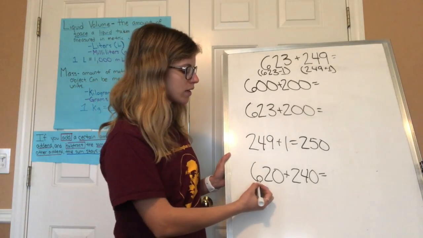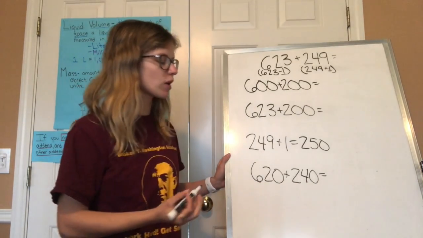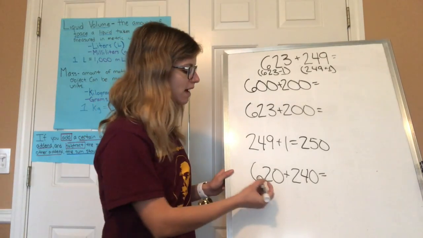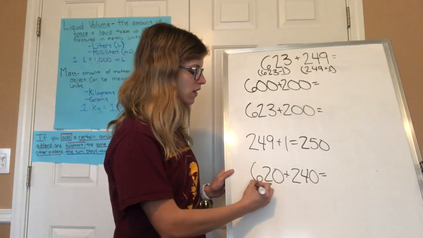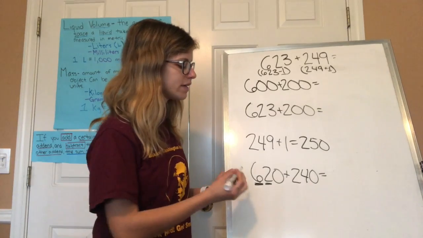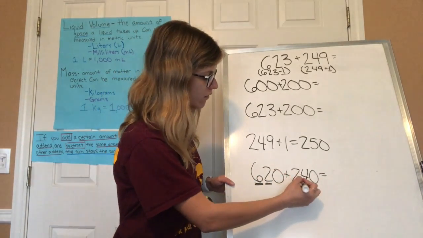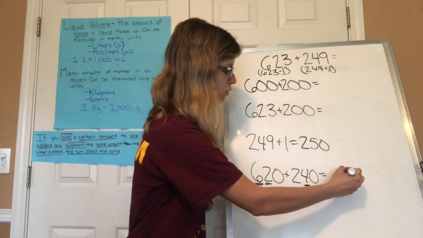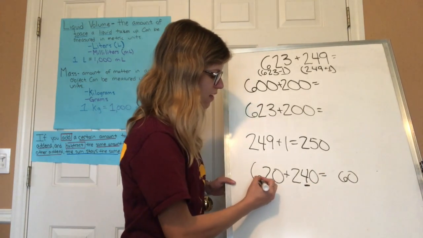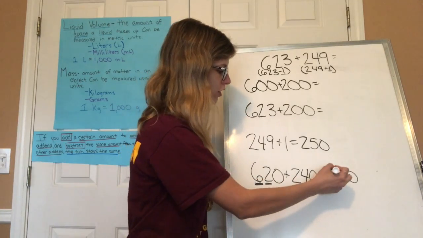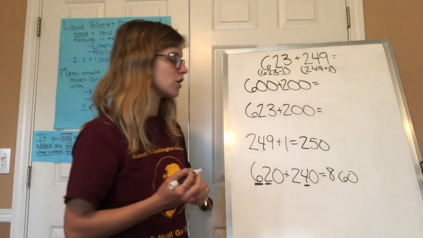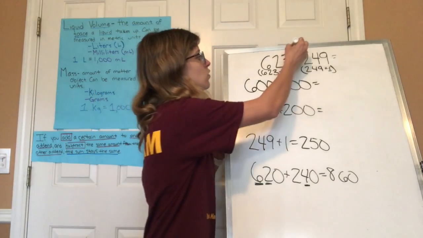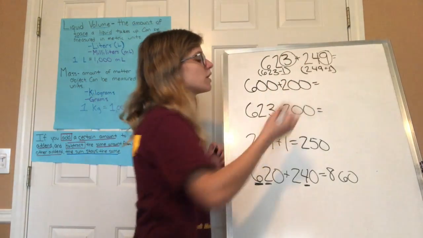Someone might have started with 620 plus 240 because they realized that you can add the tens and the hundreds really easily. You know right off the bat that 20 plus 40 would be 60, and then 600 plus 200 would be equal to 800, and then all you have would be your ones places.